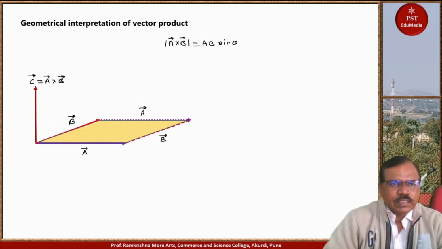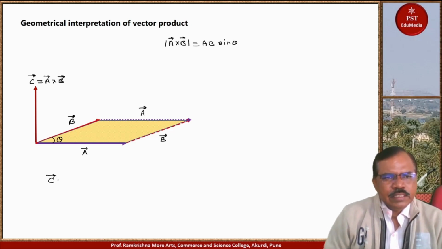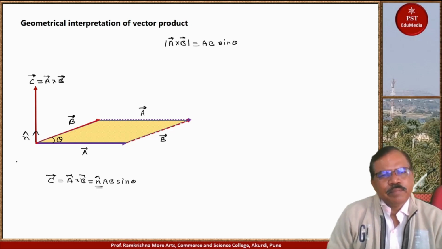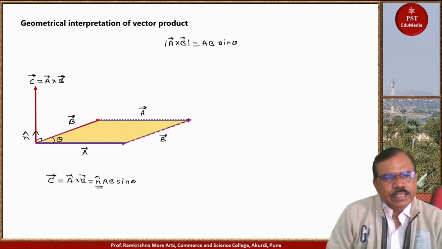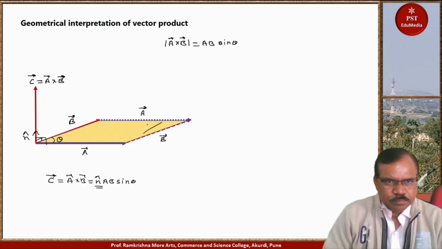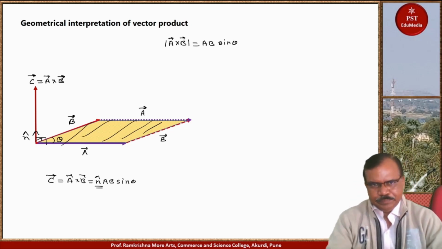This angle is theta, and we have here C, it is A cross B, equal to N AB sin theta, and this N is along C, perpendicular to both B as well as A. This is the parallelogram formed by vectors A and B.